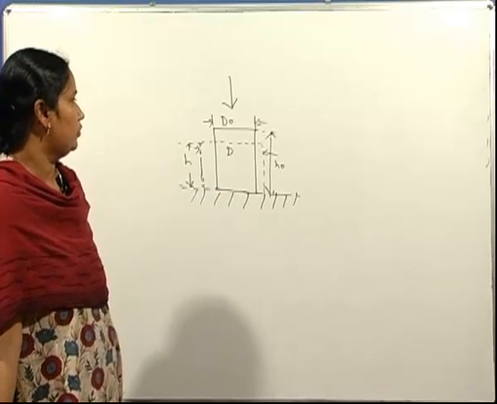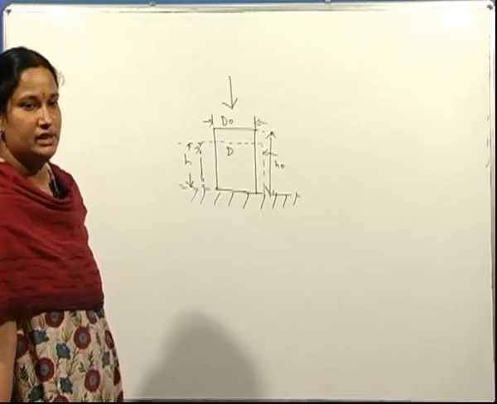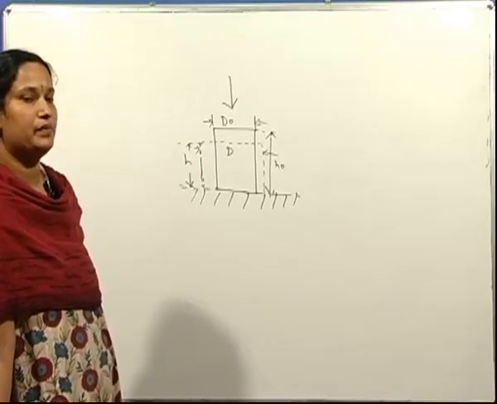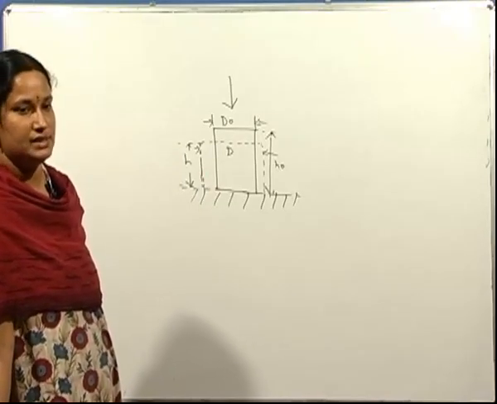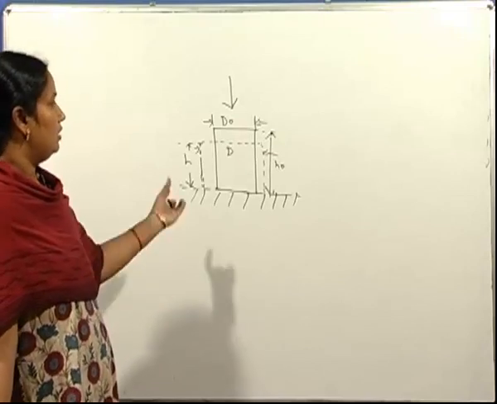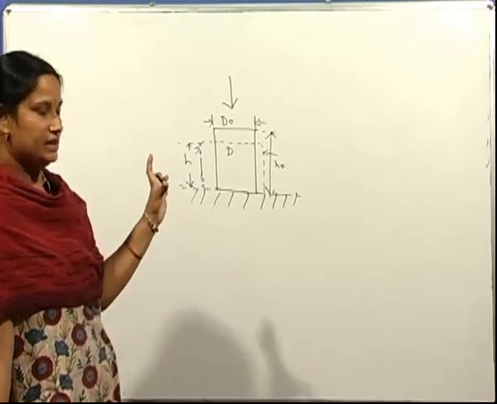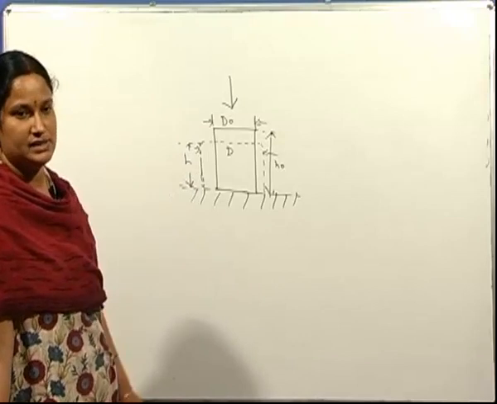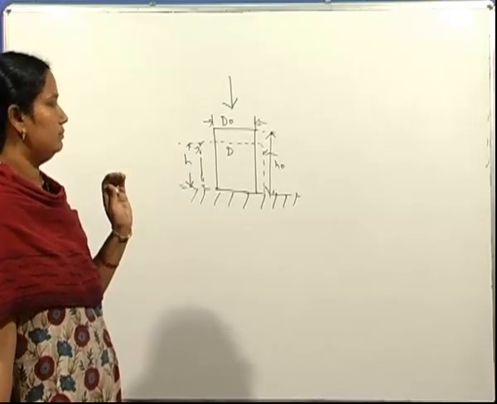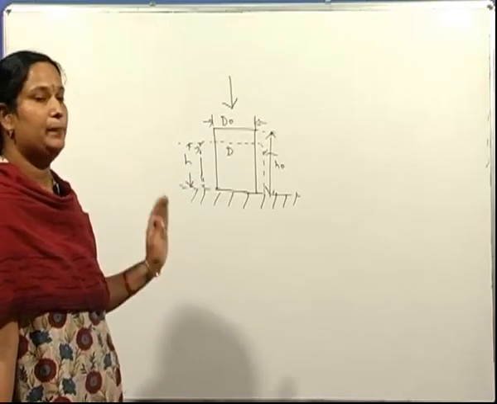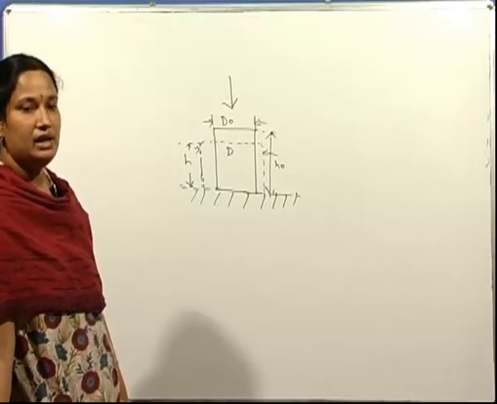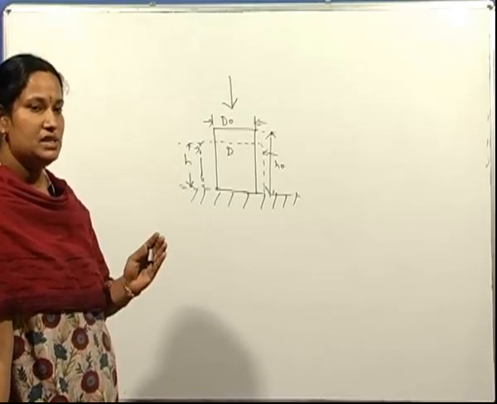So in the case of compression test, when it is conducted for a cylindrical specimen between the two anvils, the diameter increases and the height decreases. But the problem which we have in the case of compression test is barreling occurs. Barreling means bulging.